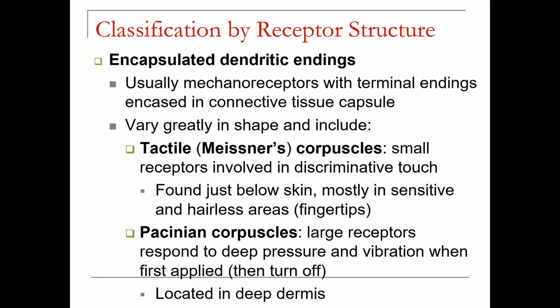Now, the other corpuscle we encounter is what's known as a Pacinian corpuscle. These are very large receptors located deep in the dermis. They respond to deep pressure, like getting a full body massage, for example, or vibration.